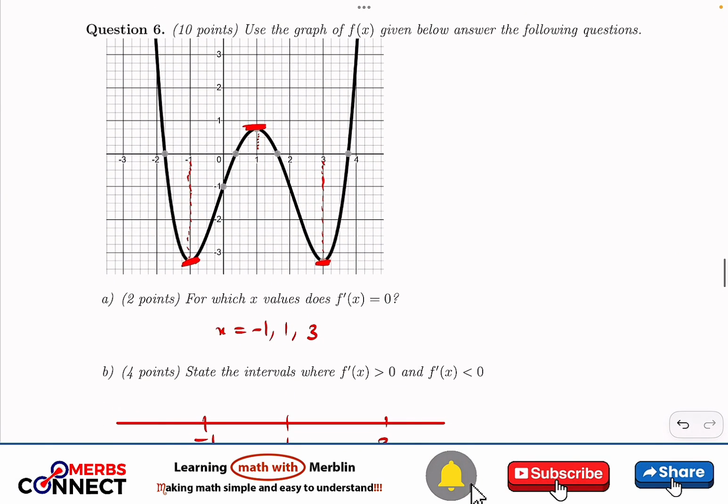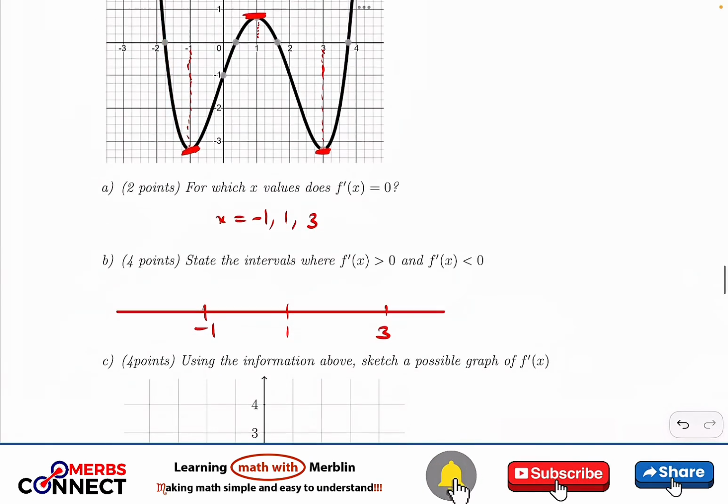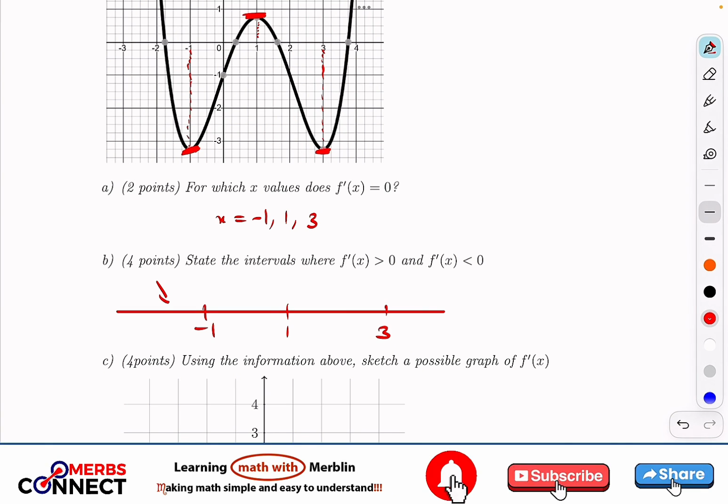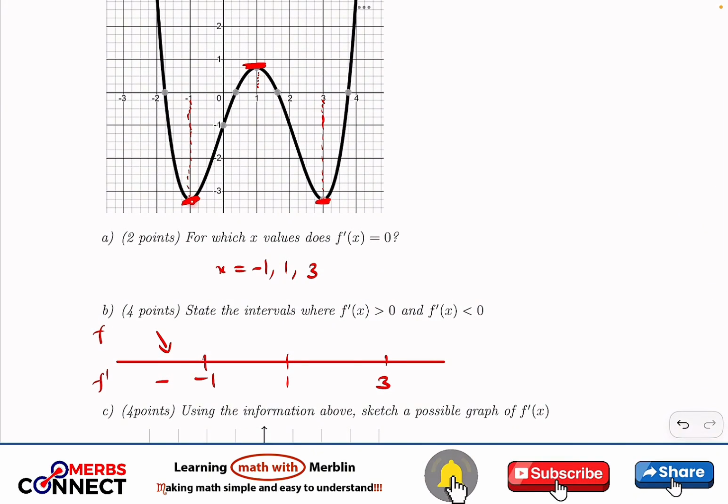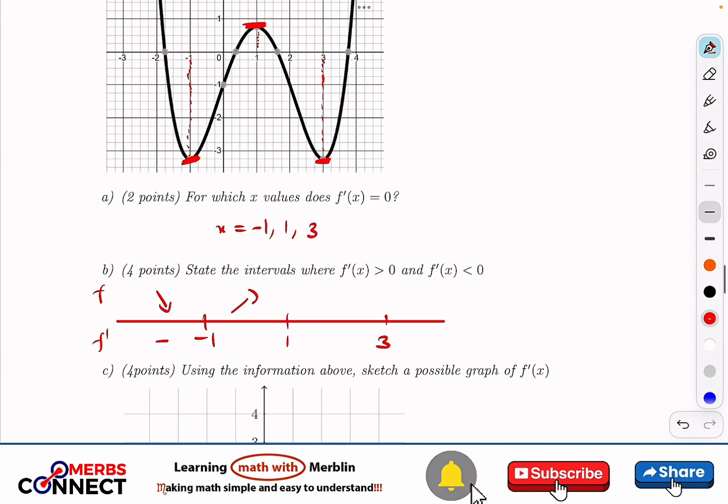So from minus 1, we see that there is a decrease here. So we are going to just decrease. So that is f. F prime is minus. Then we increase here, so this moves up, and f prime is positive because it's increasing.